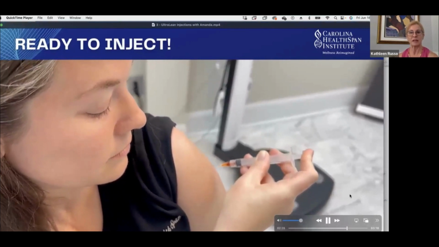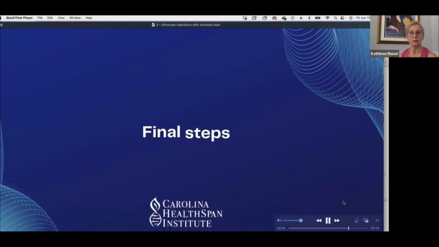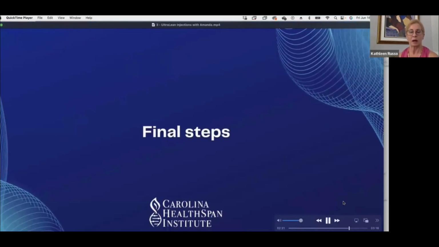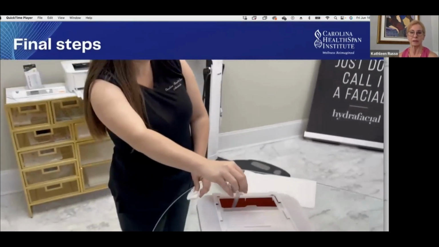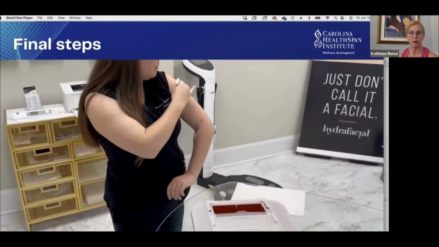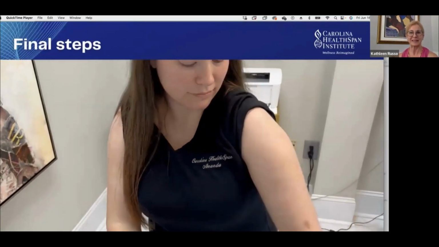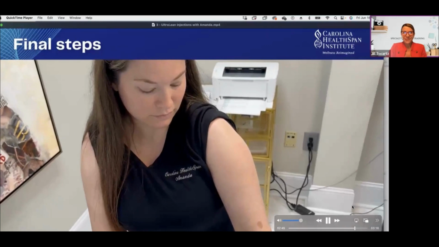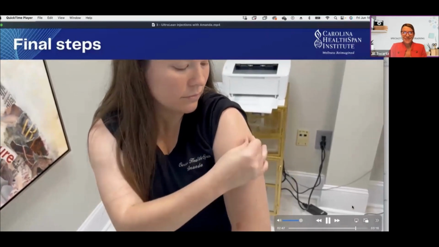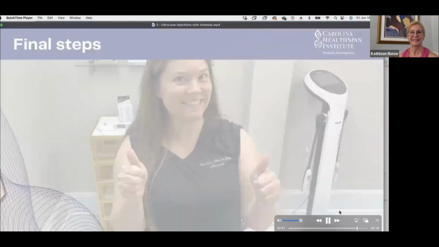And then she'll take the needle out and put some gauze or cotton ball on the site to absorb any fluid or blood that might seep out, and discard of the needle and syringe appropriately. And you can see she did very well. You can put a Band-Aid if you like.